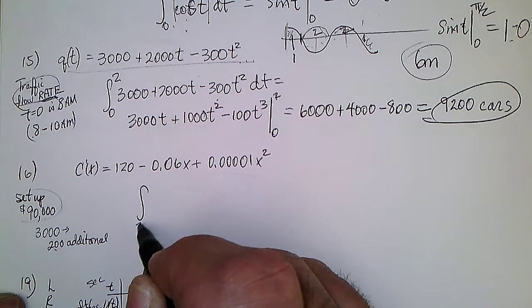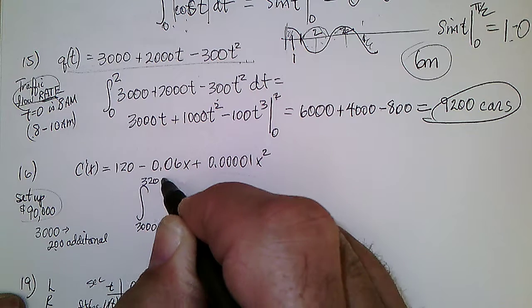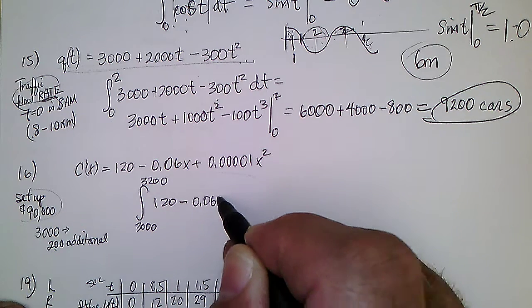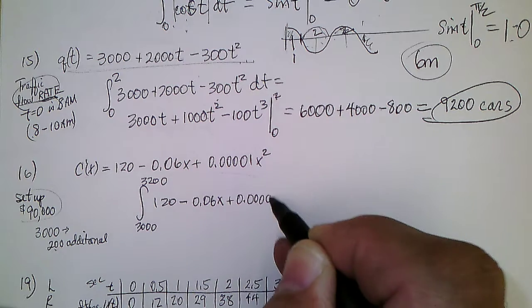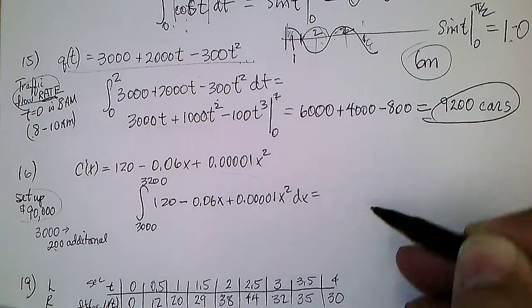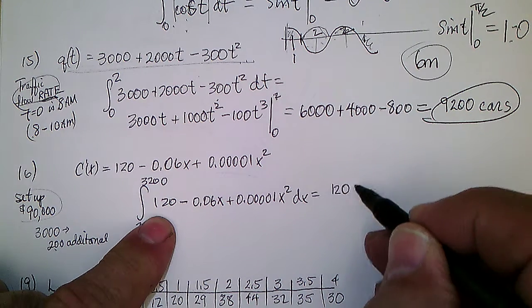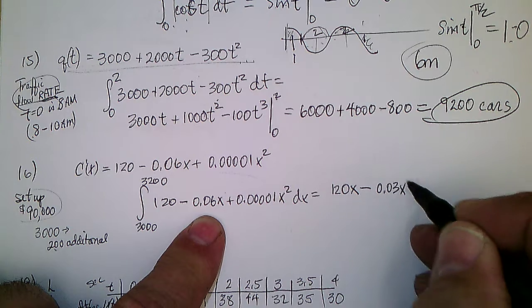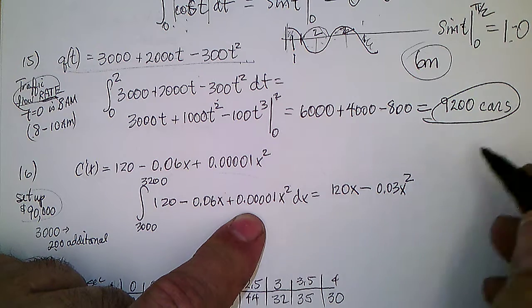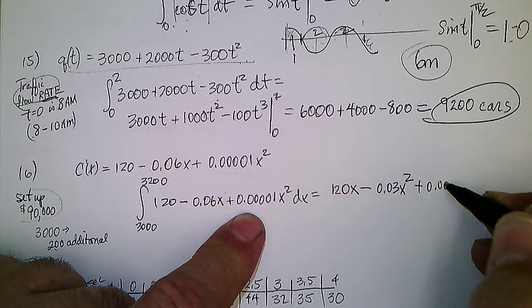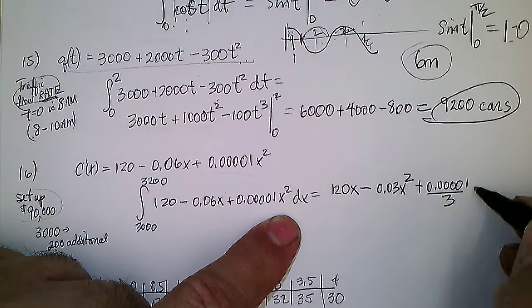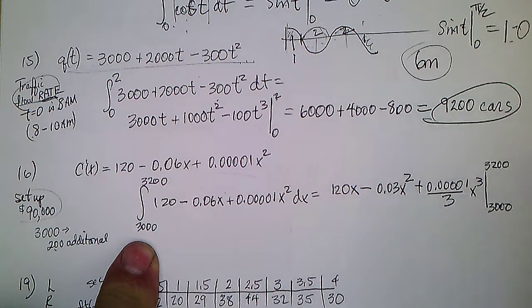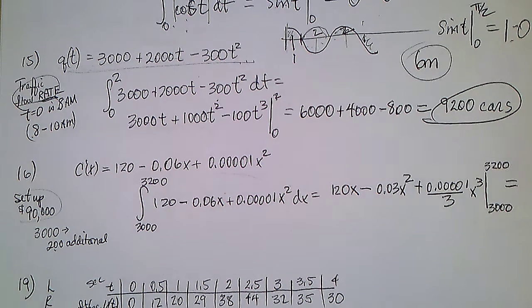So I want the integral from 3,000 to 3,200 of 120 minus 0.06x plus 0.00001x squared dx, which is 120x minus, this would go to 2 divided by 2, so it would be 0.03x squared, and this would go to 3, so divided by 3, so plus 0.00001 over 3x cubed, evaluated from 3,000 to 3,200.